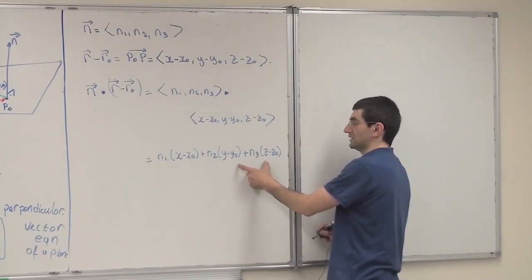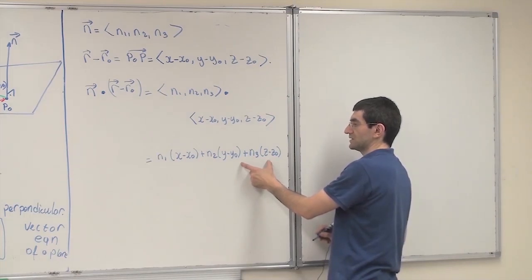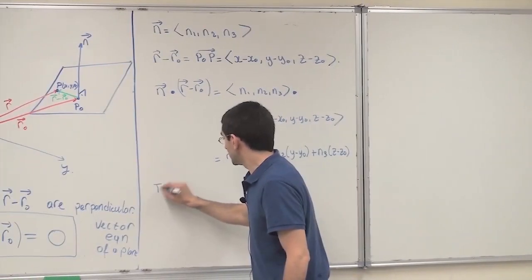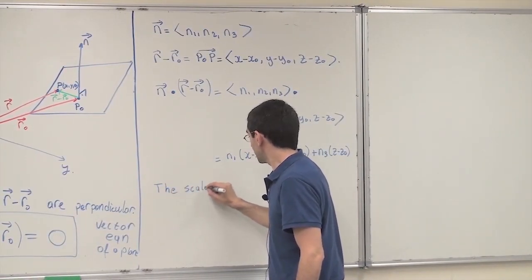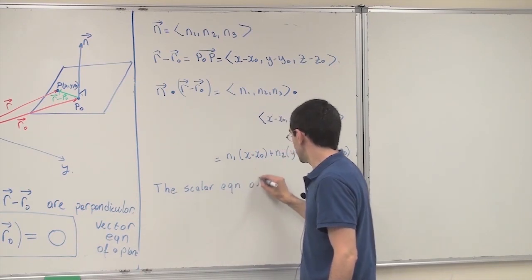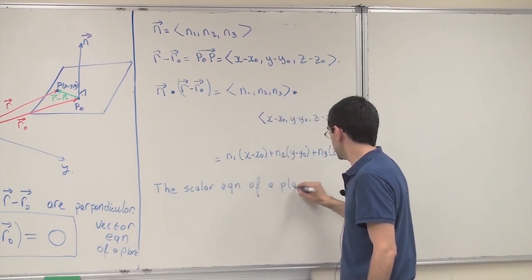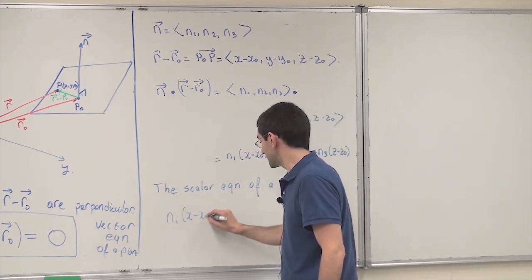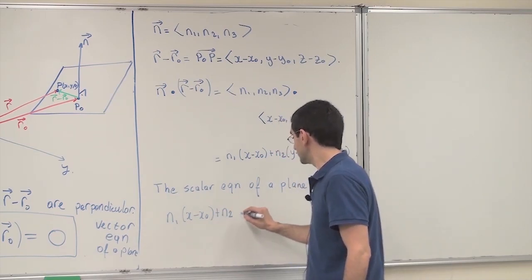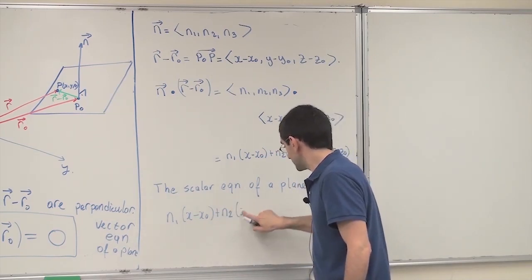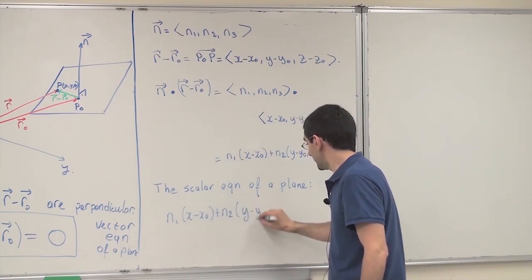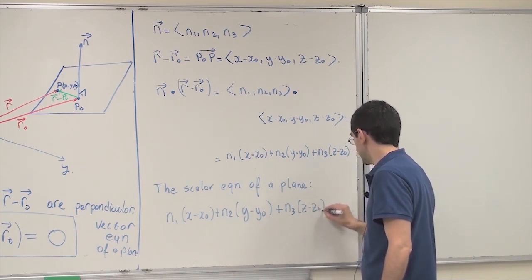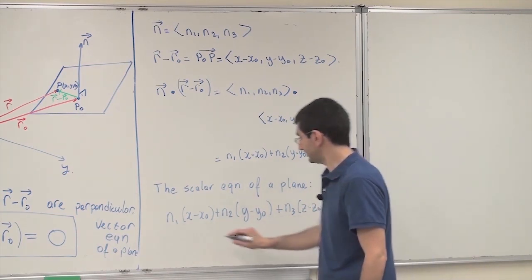So that's the dot product. Now we know that this dot product should be equal to 0. So the scalar equation of a plane is the following: n1 times x minus x0 plus n2 times y minus y0 plus n3 times z minus z0 is equal to 0.